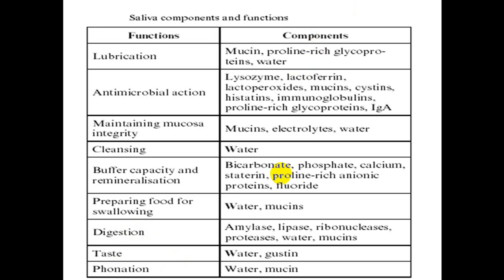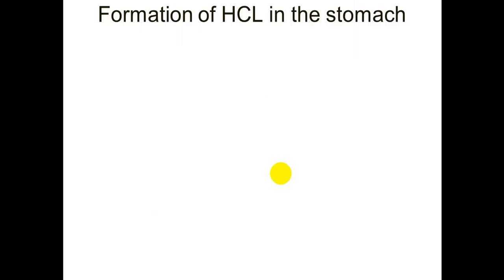Secretions of the stomach. Formation of HCl in the stomach. First, the presence of protein, alcohol, and calcium in the lumen of the stomach stimulates the secretion of gastrin, a peptide hormone produced by the G cells of the antral mucosa.